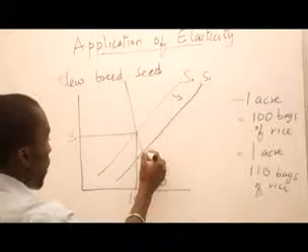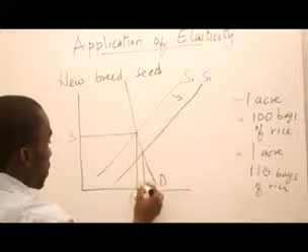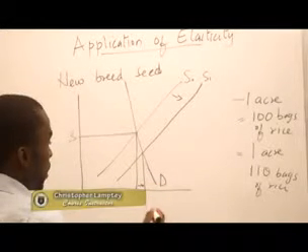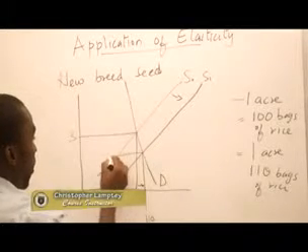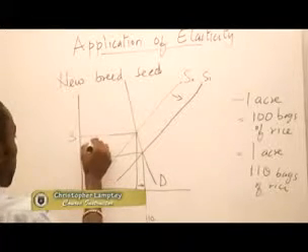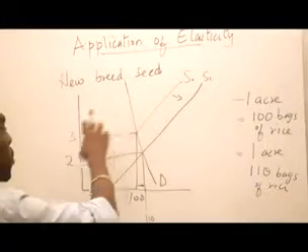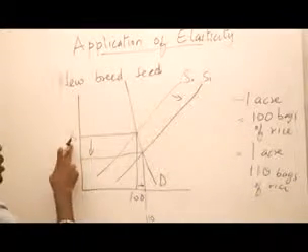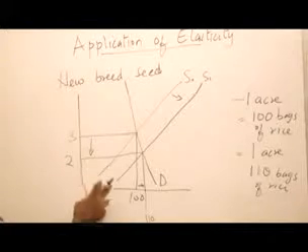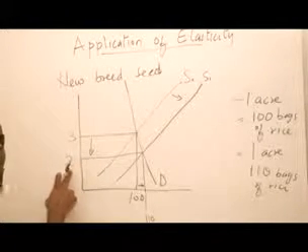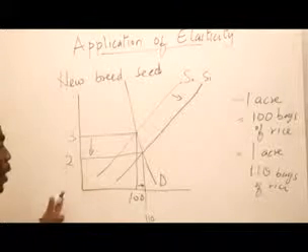Shifting the supply curve to the right will then give us an increased quantity, which is our 110. But then the price level will fall, which means that then the producer is no longer getting 3 cedis for 1 bag, but he is now getting 2 cedis for 1 bag.